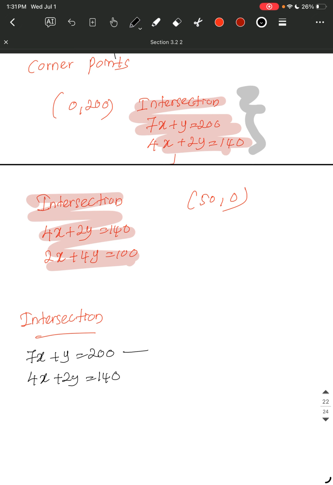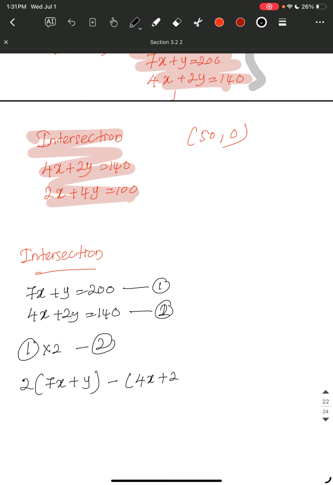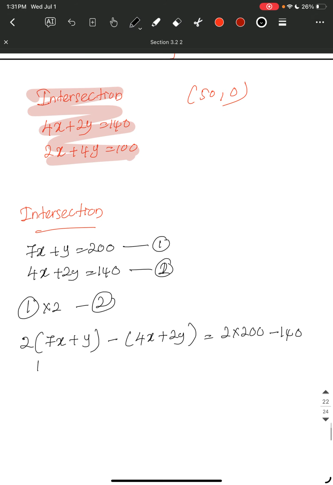So easy to multiply the 1 by 2 minus 2. 2 times 7x plus y minus 4x plus 2y, 2 times 200 minus 140. 14x plus 2y minus 4x minus 2y, 400 minus 140.